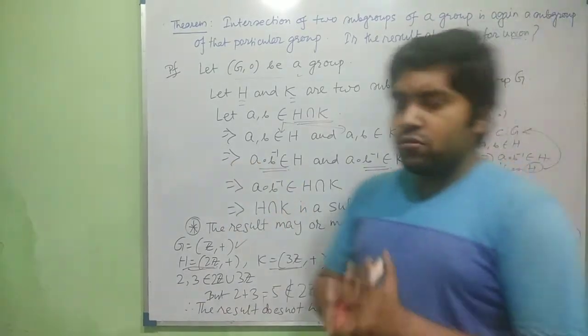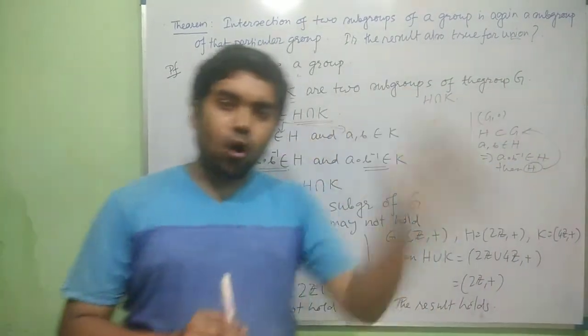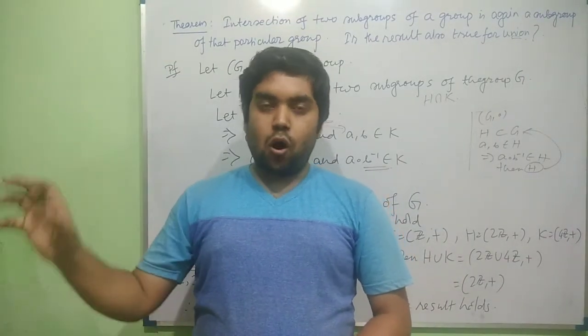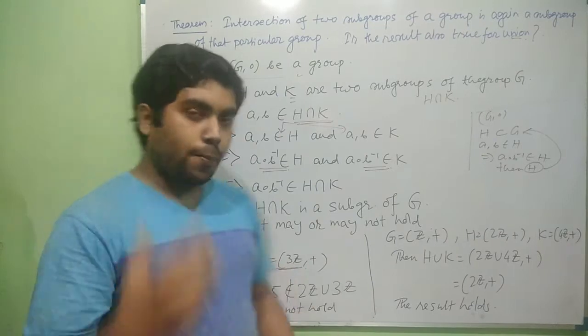That is, 2Z union 3Z is the collection of all even numbers and the multiples of 3 also.